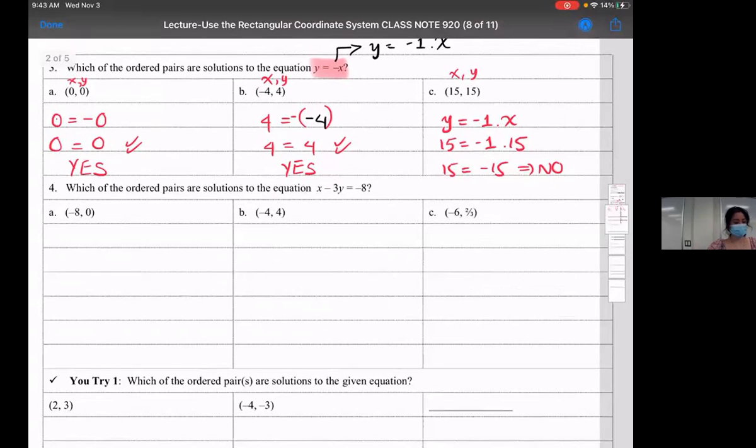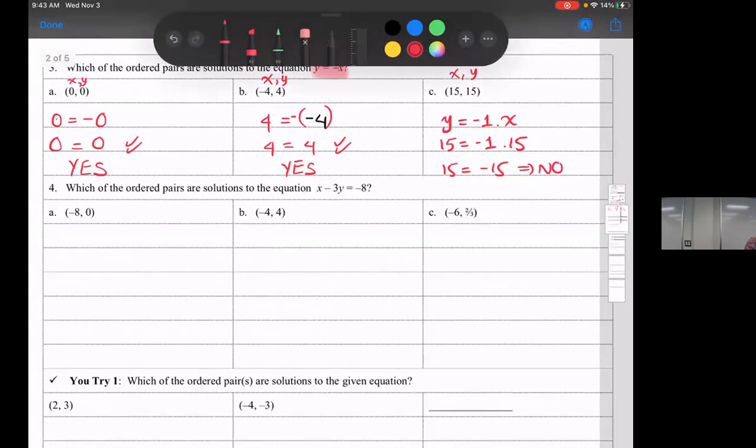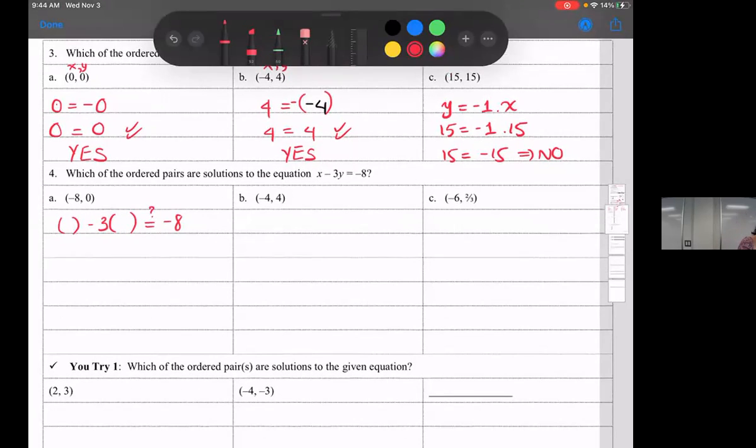Okay, I have x equal -3y. Let me write here. For the value of x and y, I'm going to replace with parentheses. So it's going to be parentheses, minus 3 times parentheses, equal -8. Well, I don't know if equal or not, so I'm going to put the question mark there. What is the value for x? -8.